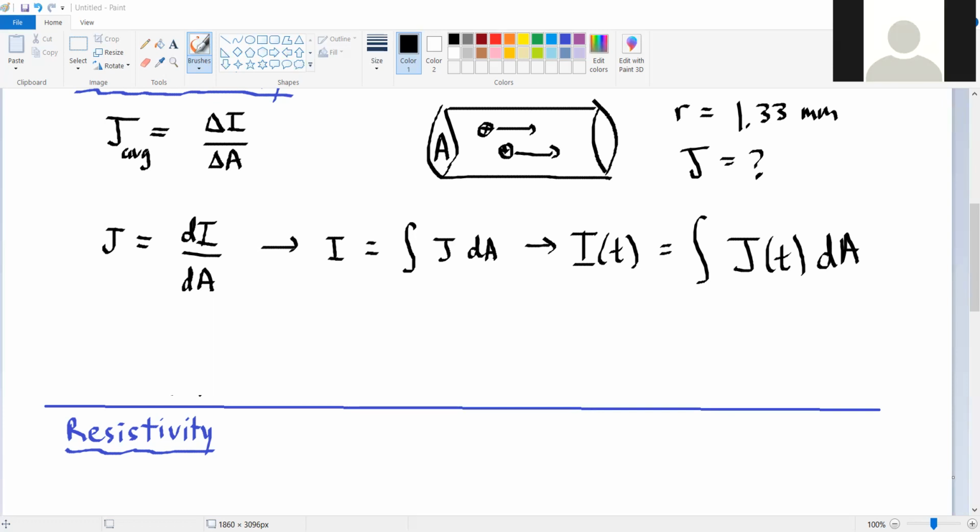I have 0.03 on top, and on the bottom I have pi times, in parentheses, 1.33 times 10 to the power of -3, squared, because that's the equation. That sounds correct.